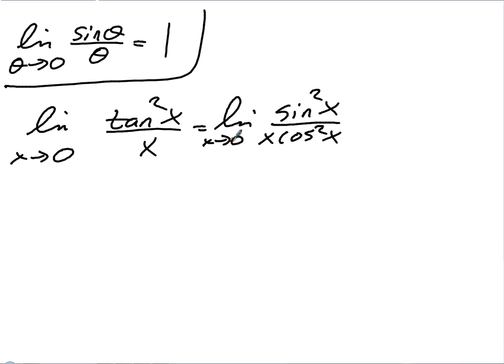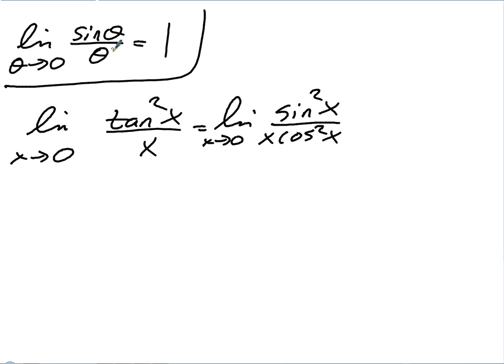I can break up a sine squared; it's really just sine x times sine x. So I've got 2 factors on the top and 3 on the bottom: x, cosine x, and cosine x. I want to regroup those in a way so I can get one of these to pop out. Well, we're using x's instead of thetas, but same thing.